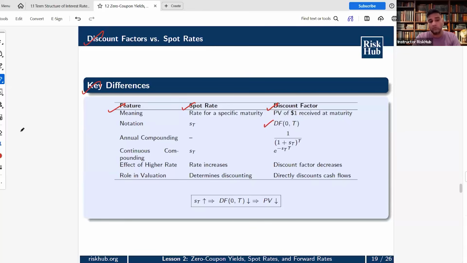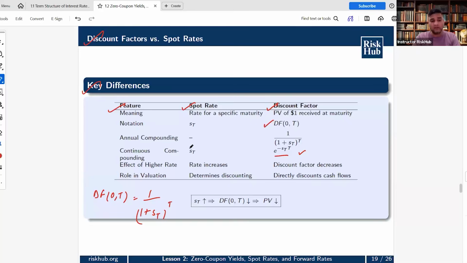The one difference that matters is that the two move in opposite directions. A higher rate always means a lower discount factor for the same maturity. The table also gives the two conversion formulas, right? DF(0,T) equals 1 divided by (1 plus S_T) raised to the power T. DF(0,T) equals exponential of minus S_T times T. The first line is annual compounding, the second line is continuous compounding.